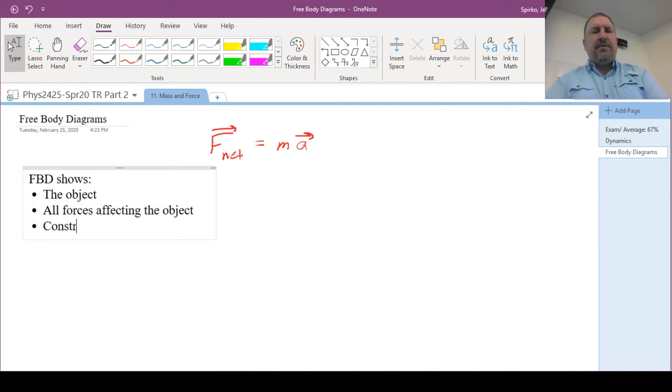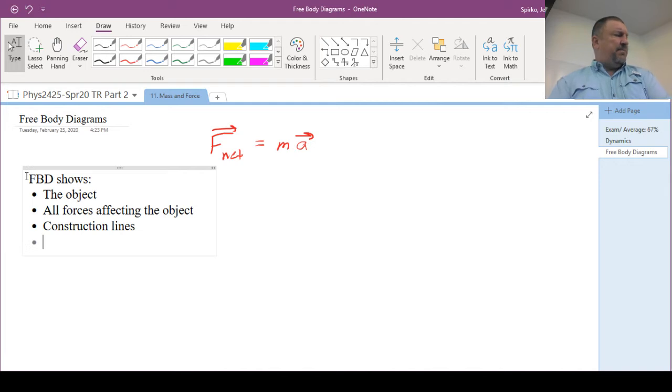Sometimes we may need construction lines. Construction lines are like direction references so that we can talk about angles, because in order to have an angle, you have to have an angle between two lines that cross. So construction lines give us the ability to label angles.